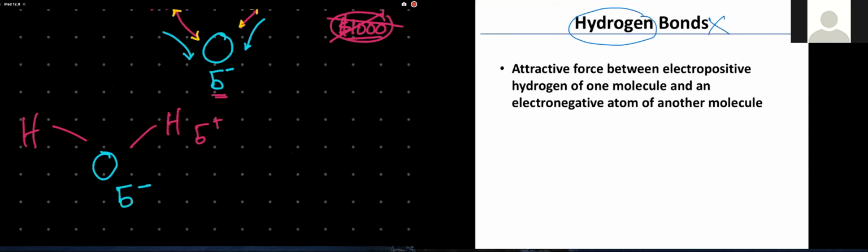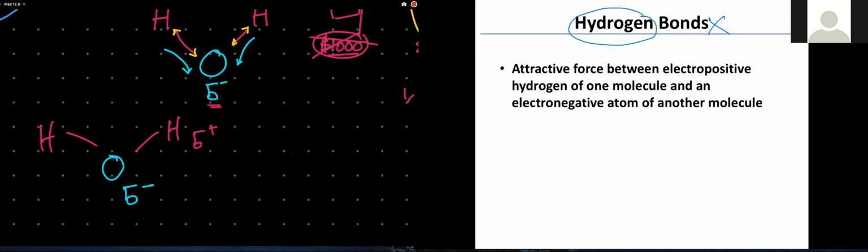So what do you think is going to happen between a side that is more positive and a side that is more negative? Would I have attraction or repulsion between those two? What do you think? Attraction.